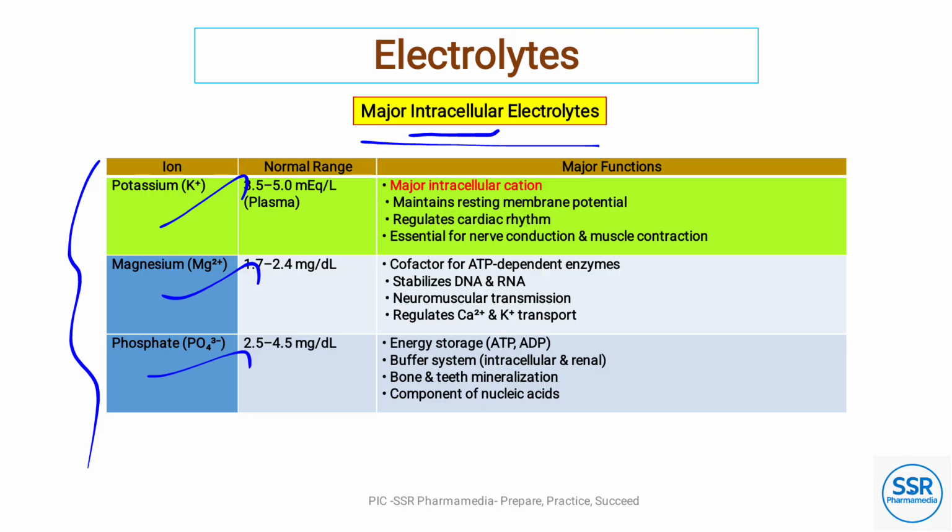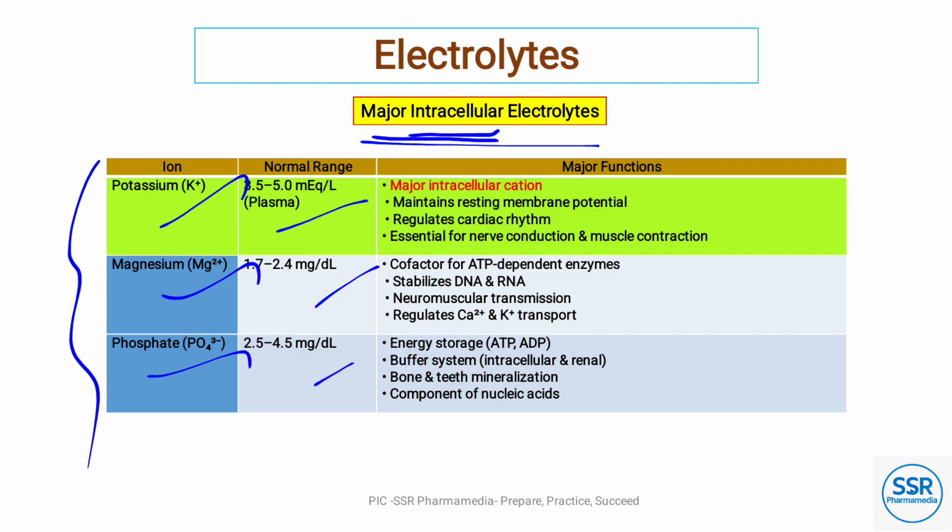Sodium, calcium, bicarbonate and chloride are extracellular electrolytes. Same like that, major intracellular electrolytes are potassium, magnesium, phosphate. These are all required in larger quantity for human body cells.